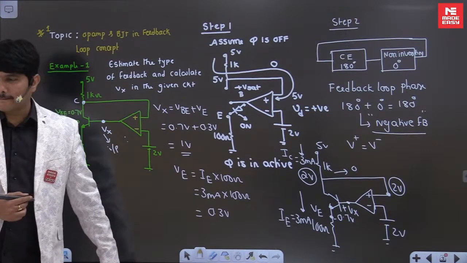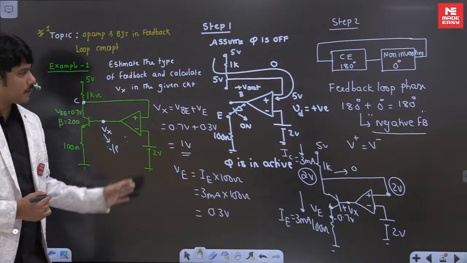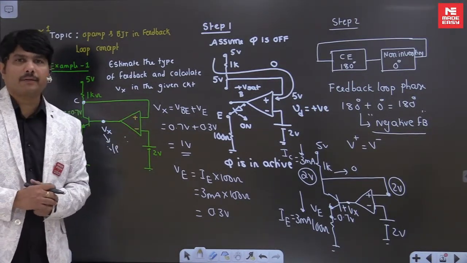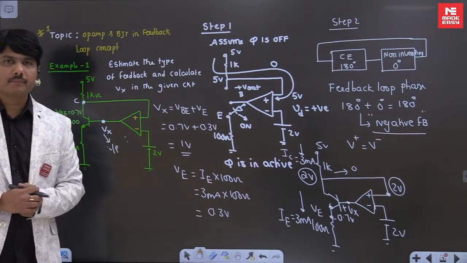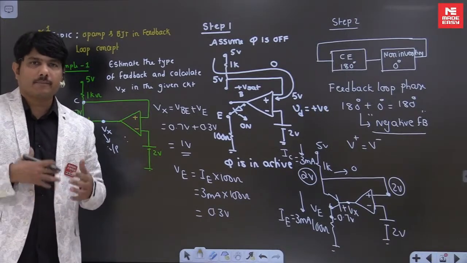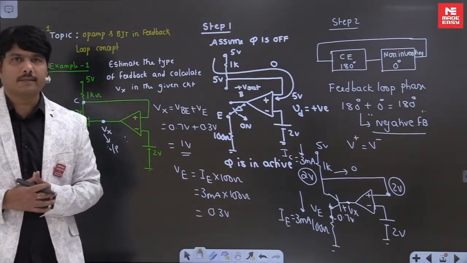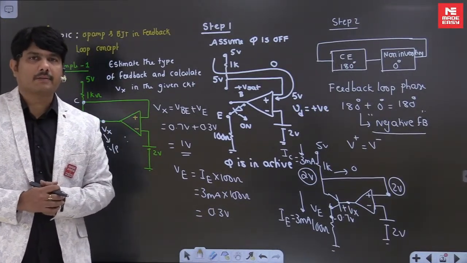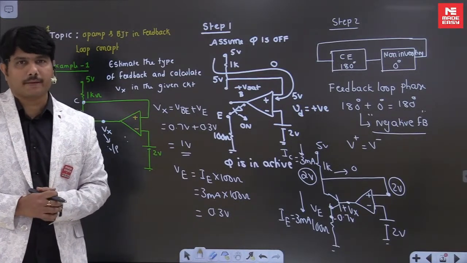This model is very important, and students should understand it. I have seen that when most students see this type of question, they say positive feedback. But by seeing this method, you can understand how comfortable these problems can be.